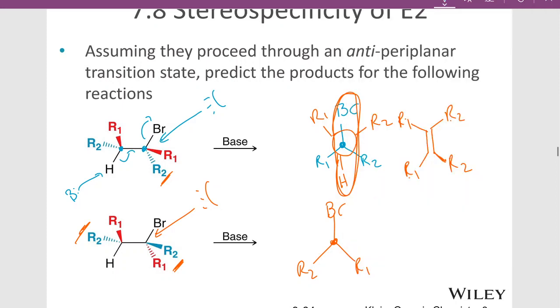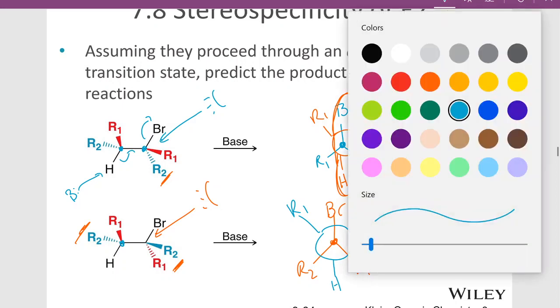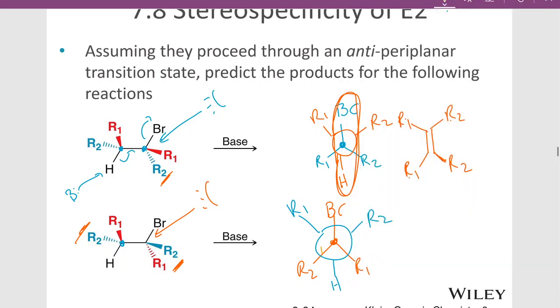Okay, let's change colors. Then the back carbon, I've got R1 up and to my left, R2 up and to my right, and hydrogen straight down. Okay, so when I do this elimination, I make an oval around the hydrogen and the bromine, so that's where I'm going to put my double bond, and then I attach the 4 bonds that go on that double bond.